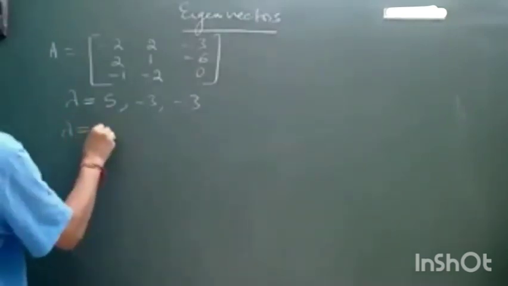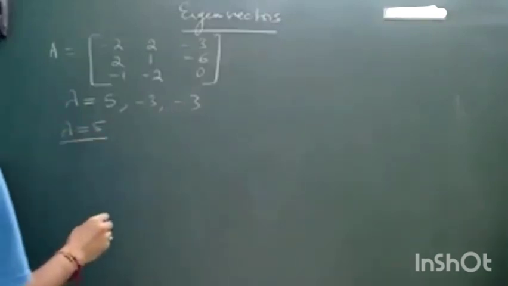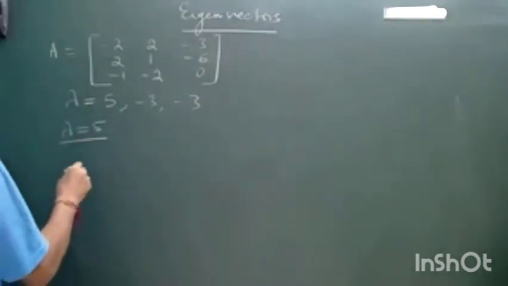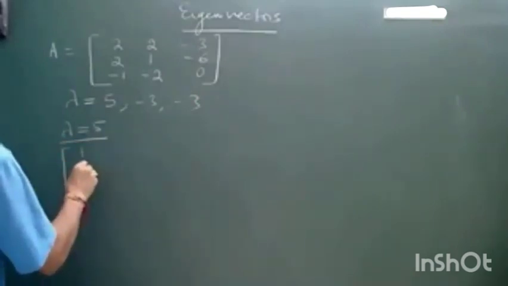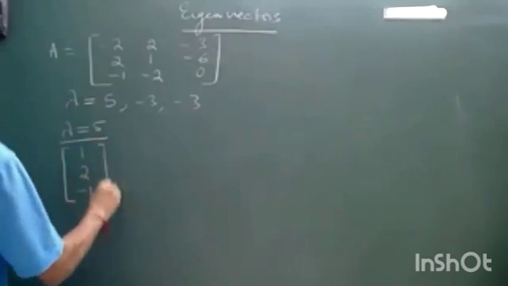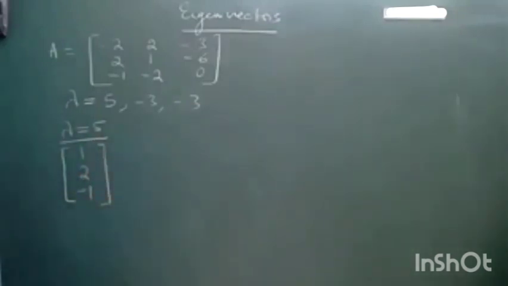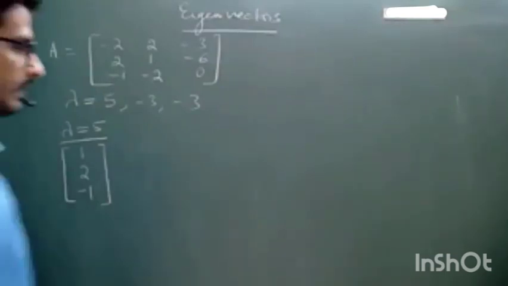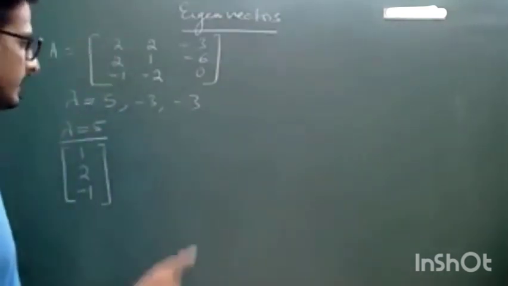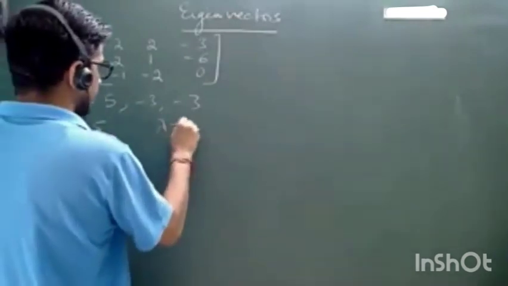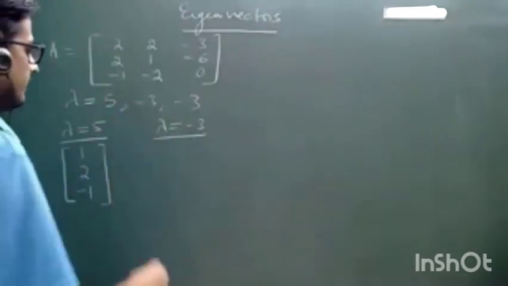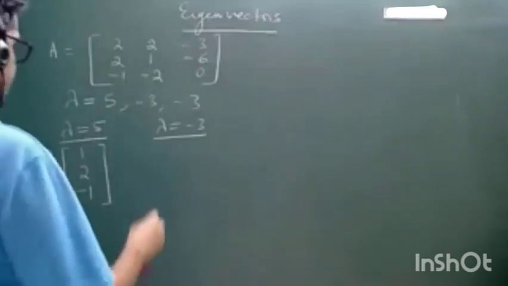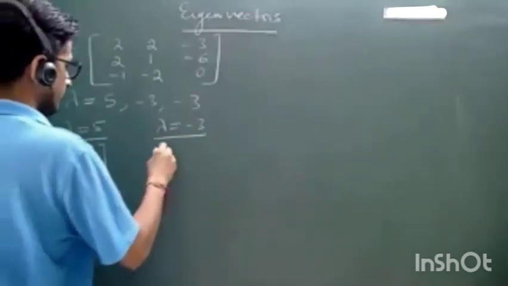For lambda equal to 5, the eigenvector was [1, 2, -1]. Now corresponding to lambda equal to -3, if you try to write the eigenvectors, what will the matrix become?